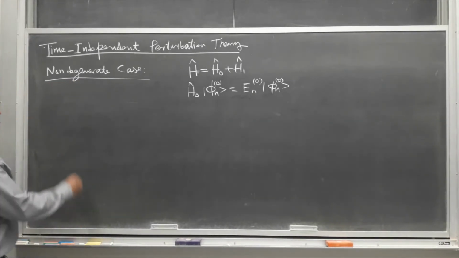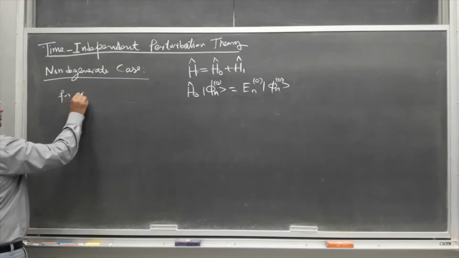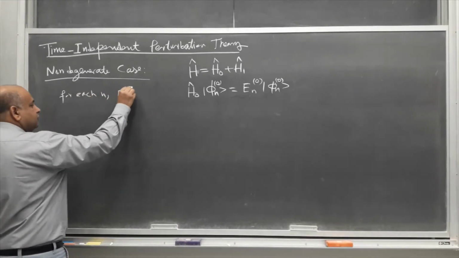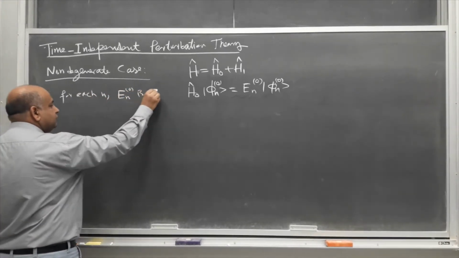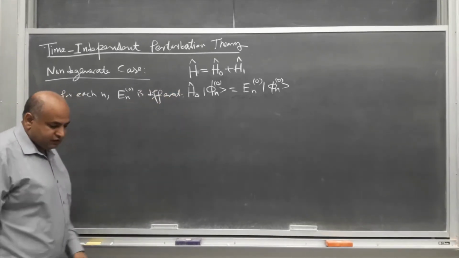We assume that for each n, E n 0 is different. This is our underlying assumption.